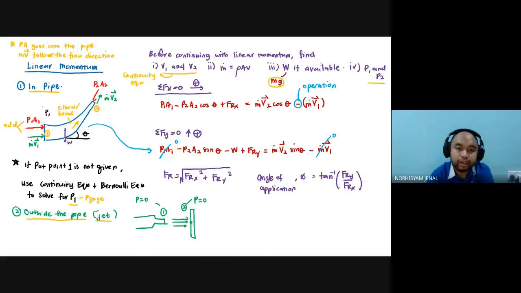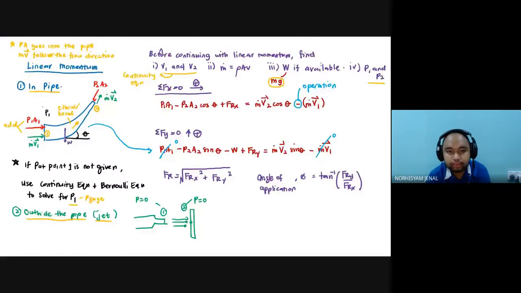So next, to find out sum of Fx equals to 0, in terms of x direction, going to the right is positive, and going to the top is positive for y. First, check your P1A1. Your P1A1 over here is horizontal to the right, so it's positive.